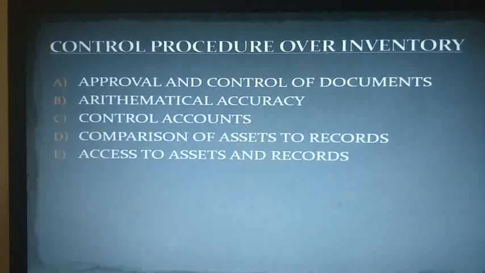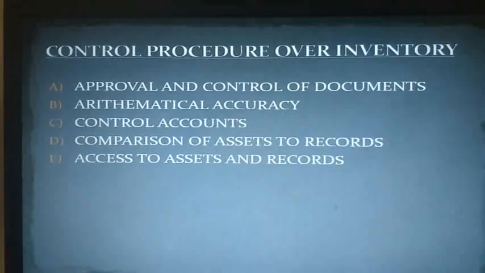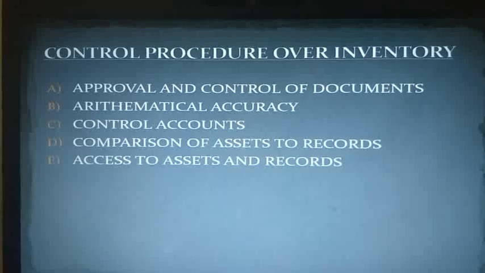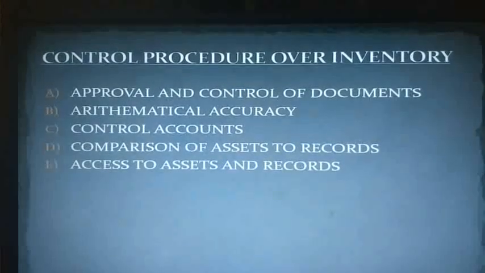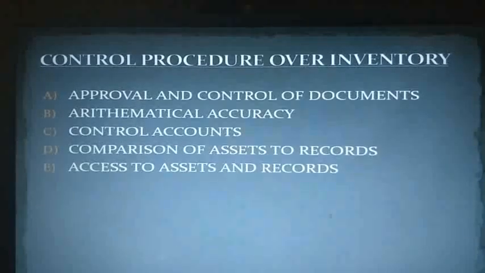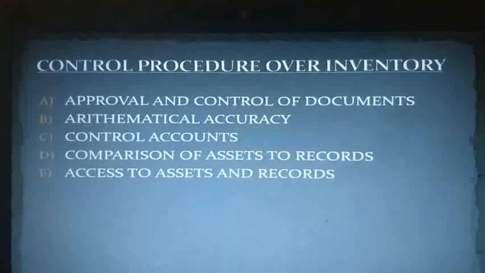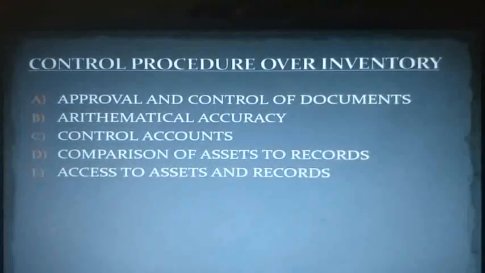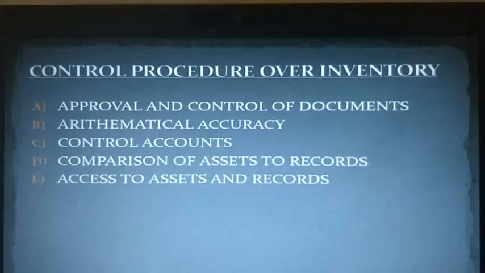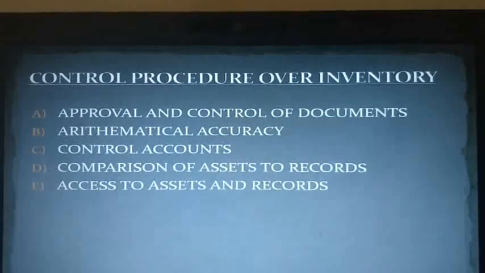Next, you have arithmetical accuracy. In your arithmetical accuracy, you should ensure that all the receipts and issues are recorded on inventory cards, cross-referenced to the appropriate GRN or requisition document. And also the costing department should allocate direct and overhead costs to the value of work in progress.